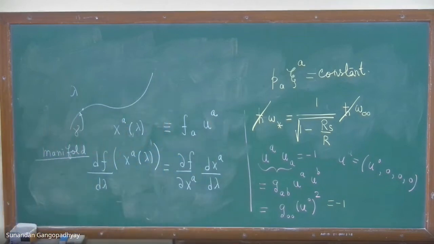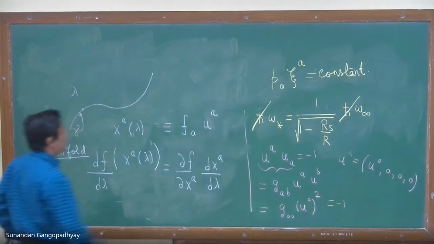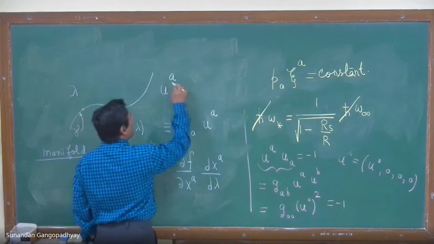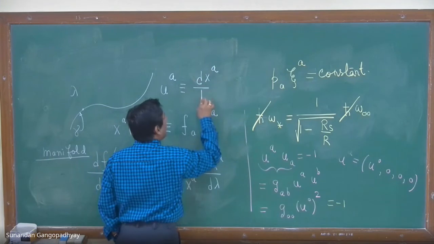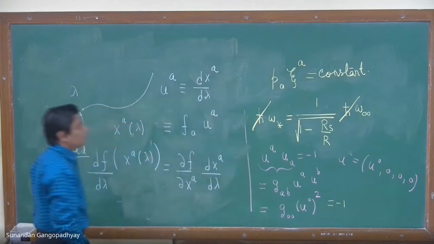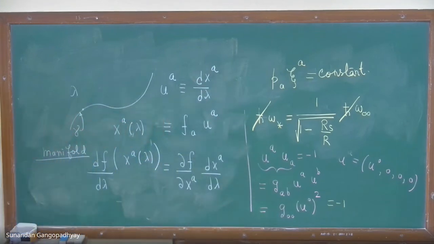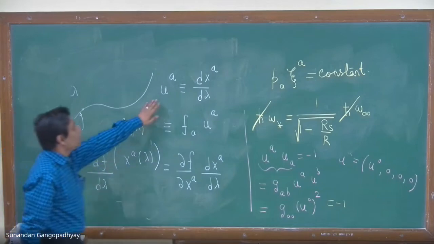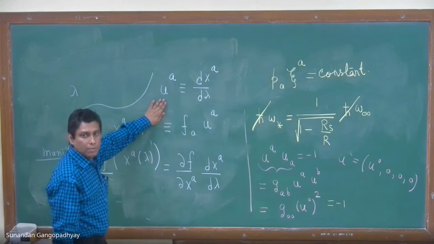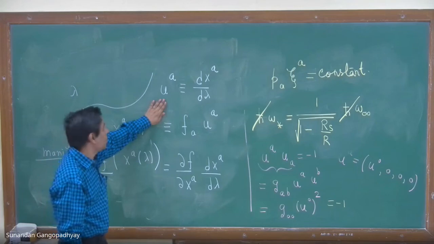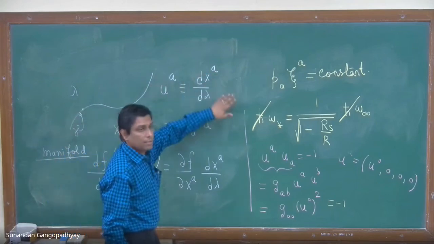U a and f a. What is U a? It is dx d lambda. This is a vector. I will tell you rigorously what a vector is; it has a particular transformation property. So U a is a vector.